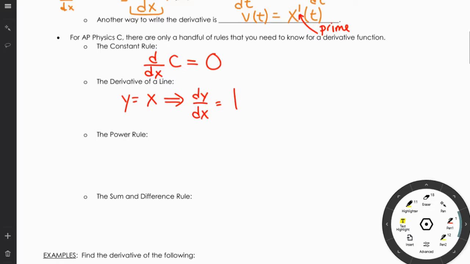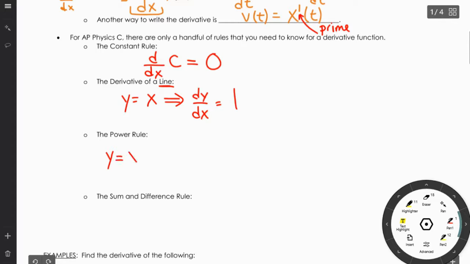Just remember the derivative of any line is a constant value. So constants go to 0, lines go to 1, or whatever constant is in front of it, and parabolas go to lines. So you kind of bump down the exponent. And this next rule, the power rule, is how we figure that out.